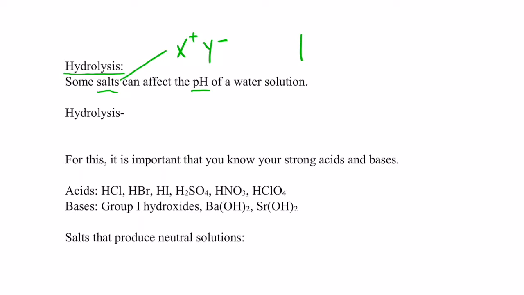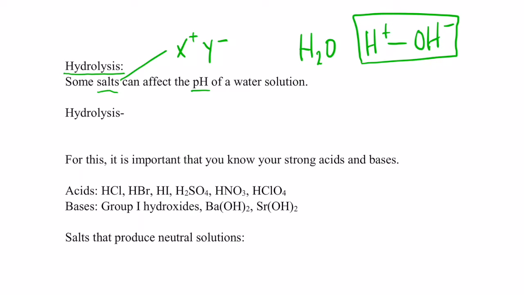Now, as we go through this, try to imagine a water molecule, H2O, as an H+ bonded to an OH-. That will help us understand hydrolysis, I hope, a bit more simply. So think of water as H+ stuck to OH-.